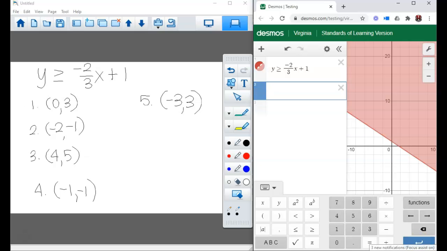So now that I've got the graph in front of me, I'm going to see which of these points are solutions. I'm just going to type them in to see. So parentheses, 0, 3. Purple dots, or a blue dot's what I'm looking for, and there he is. And you'll notice he is in that red shaded area. So this would be a yes.